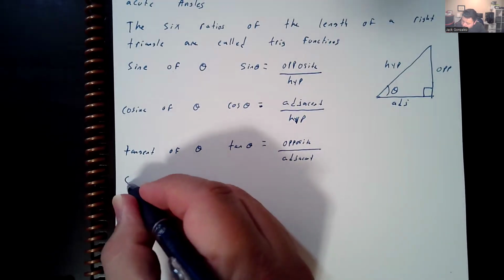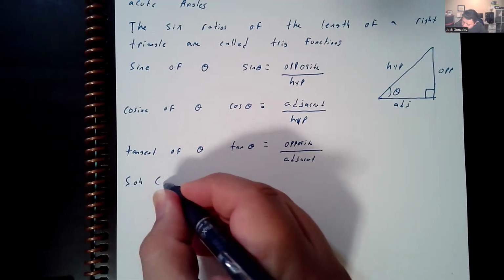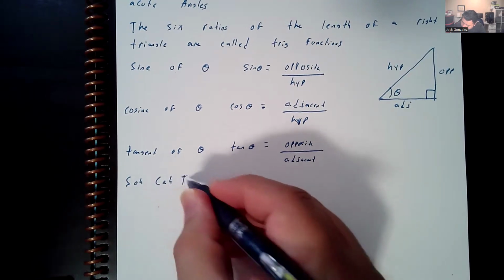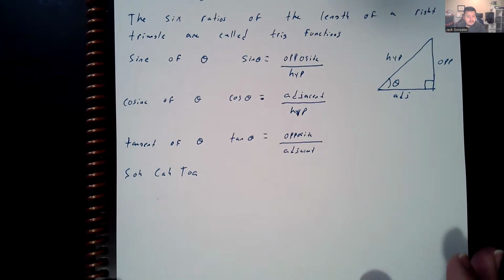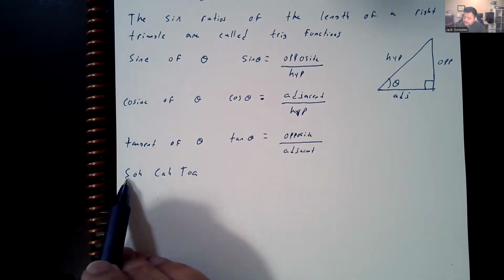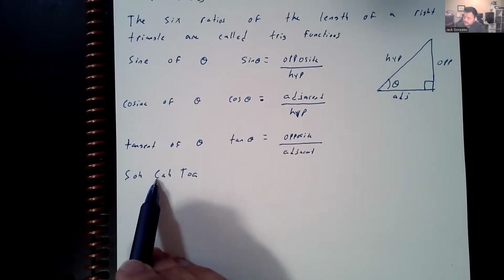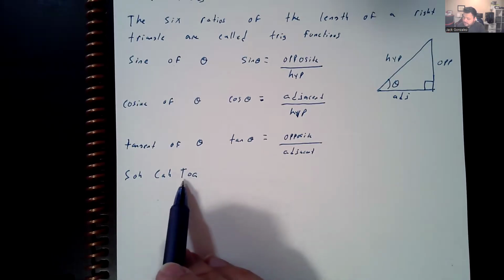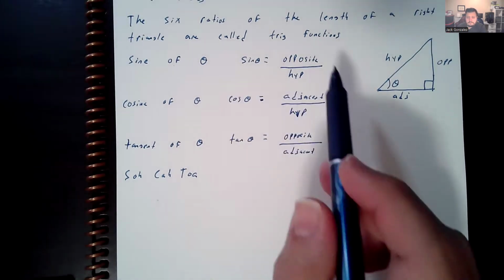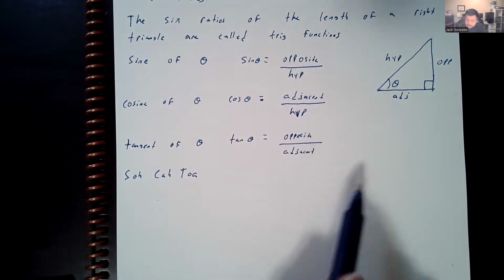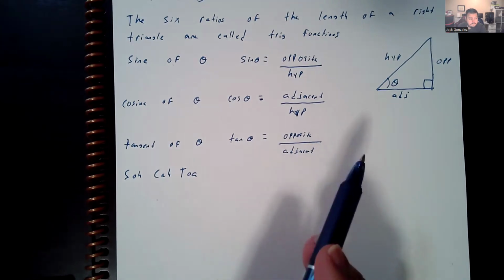So this is SOHCAHTOA: sine is opposite over hypotenuse, cosine is adjacent over hypotenuse, tangent is opposite over adjacent. It's an easy way to remember these three. The other three are just reciprocals of these.